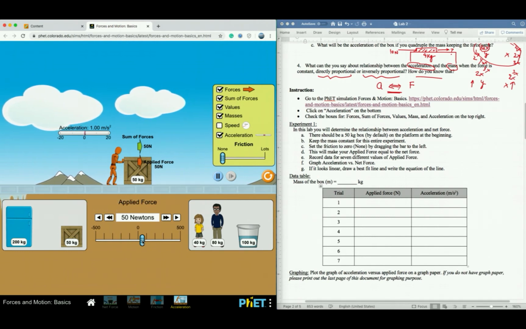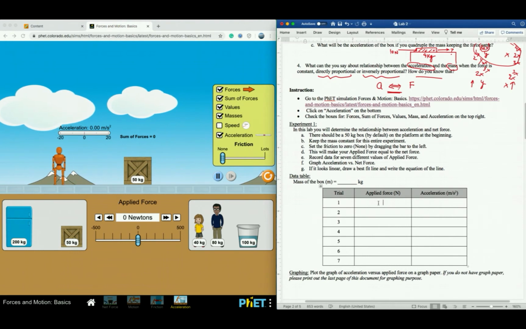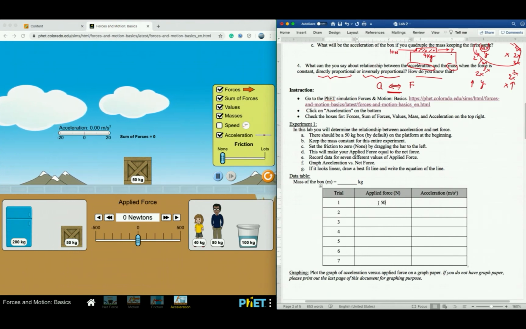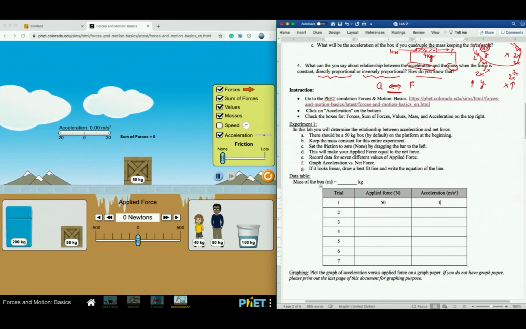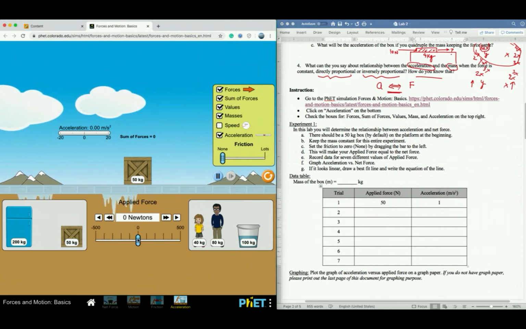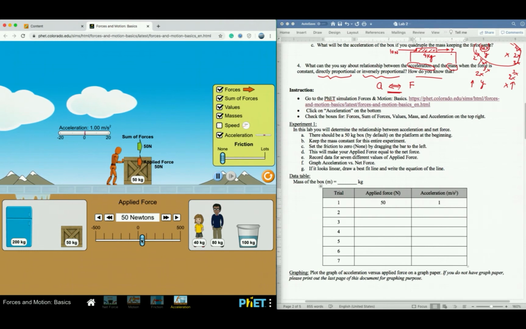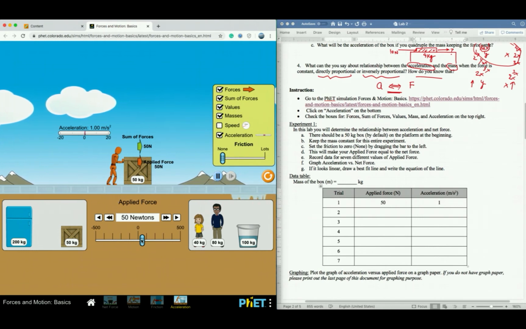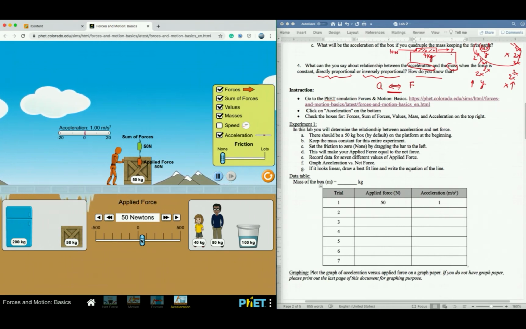Okay, so for 50 Newton force, acceleration is 1. Okay, let's recheck that. So for 50 Newton force, you see the acceleration on the bar, that's 1 meters per second squared.